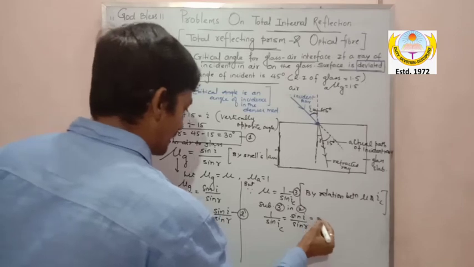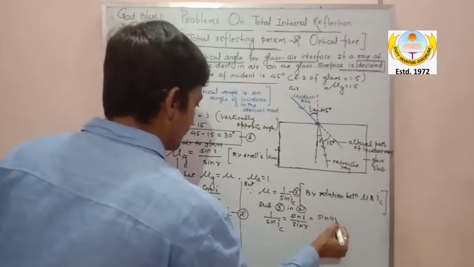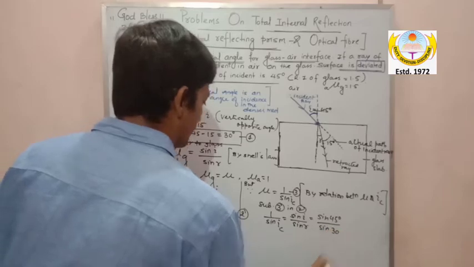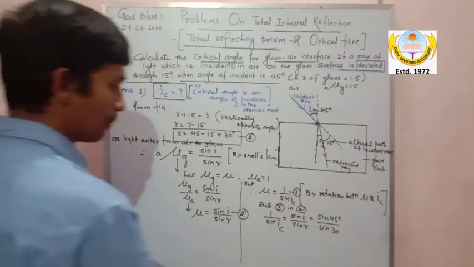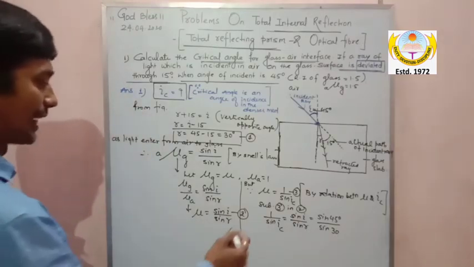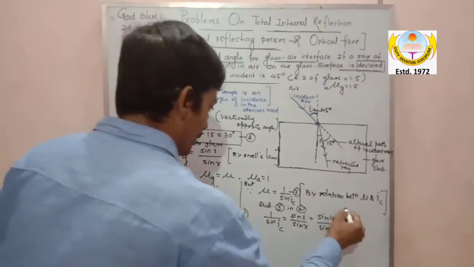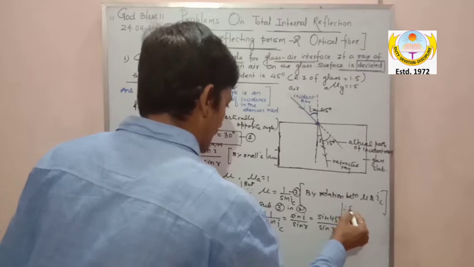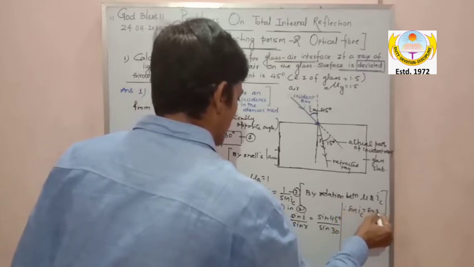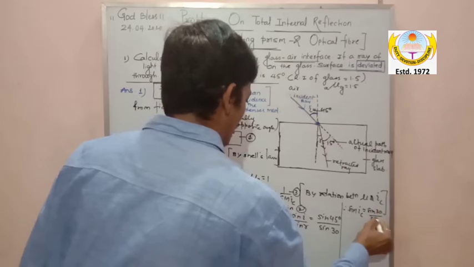That is nothing but sine 45 upon sine 30. So my dear, from here you can see, what is sine IC? Therefore sine IC will be nothing but sine 30 divided by sine 45.